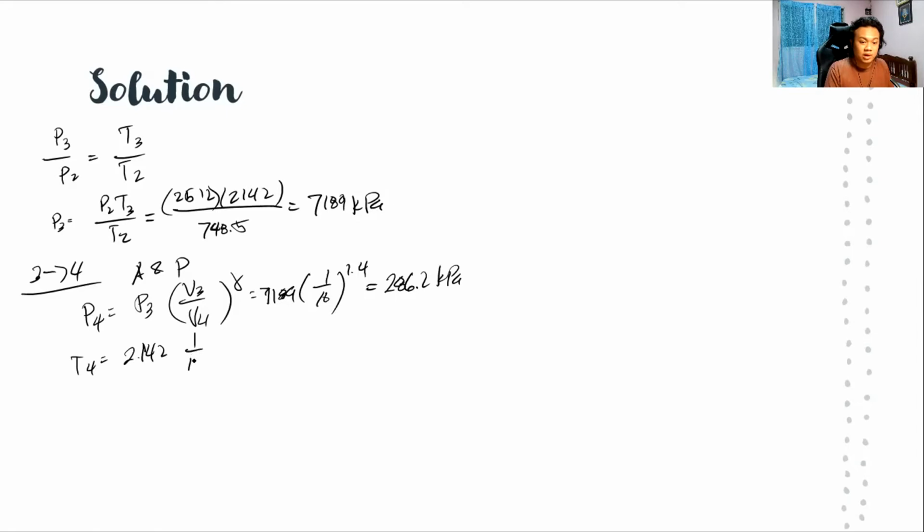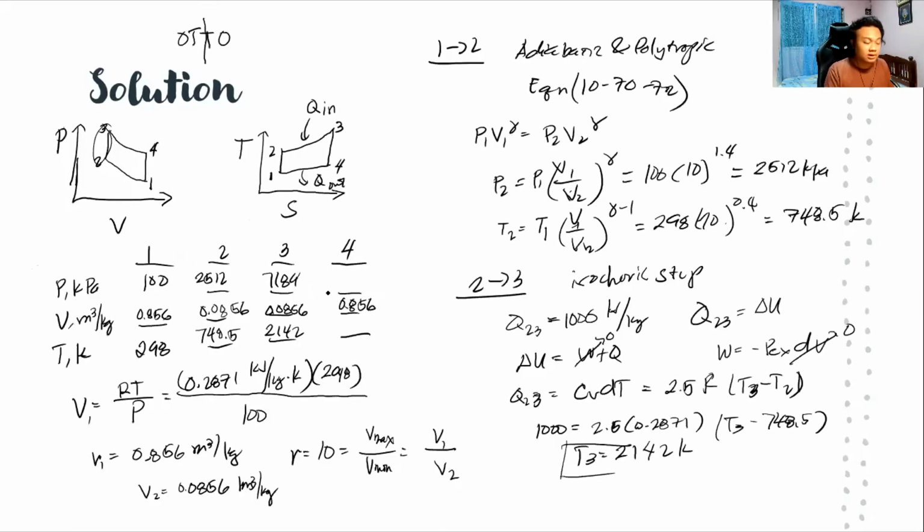Then 1 over 10, just raise that to 2.4. Okay, and then you can get 853 Kelvin. So let's list all that we have got here: 286.2, and then we have 853 Kelvin here.